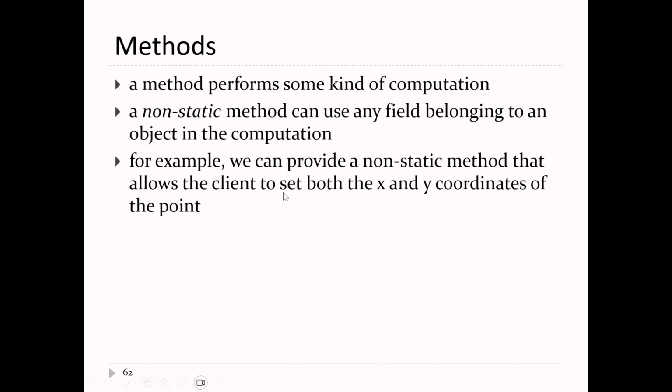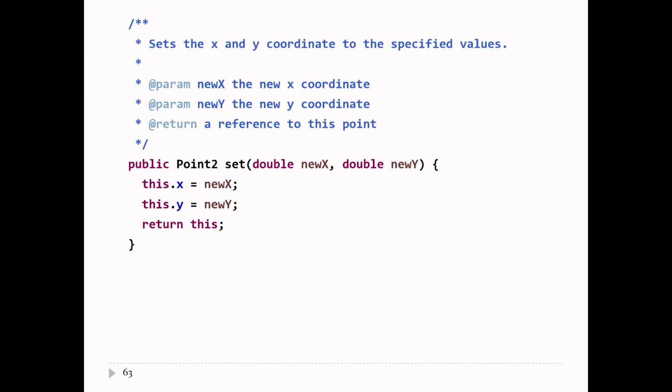So for example, you could add a method that lets the client, the user of the point2 class, set the x and y coordinates of the point. The method set sets the coordinates of the point to new x and new y. So given an existing point, you would write p.set(new x, new y), and that changes the coordinates of the point.